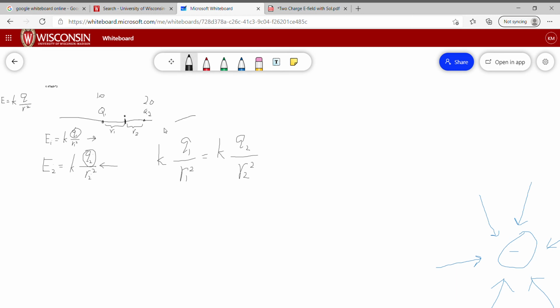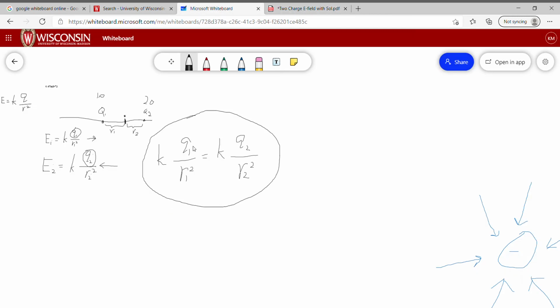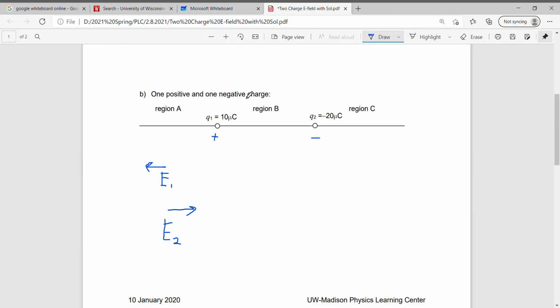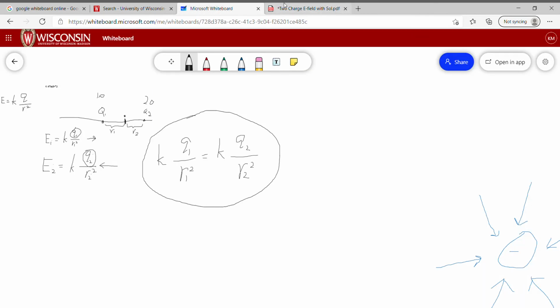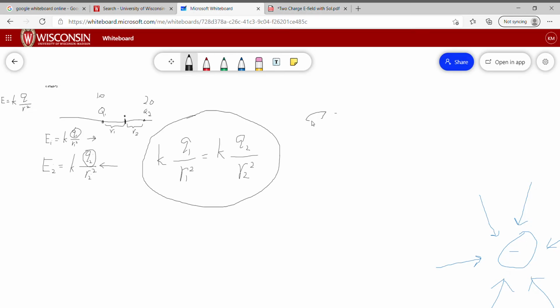This relationship. Now we can see that Q1 is smaller than Q2, and R1 is this and R2 is this, which means R1 is smaller than R2.